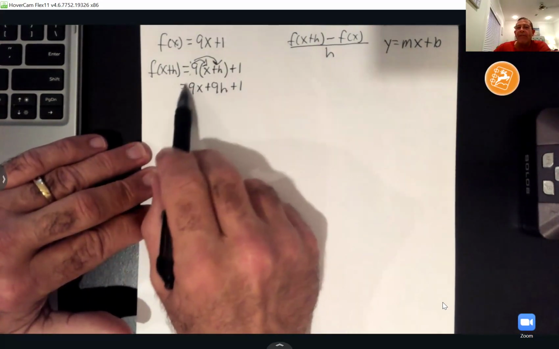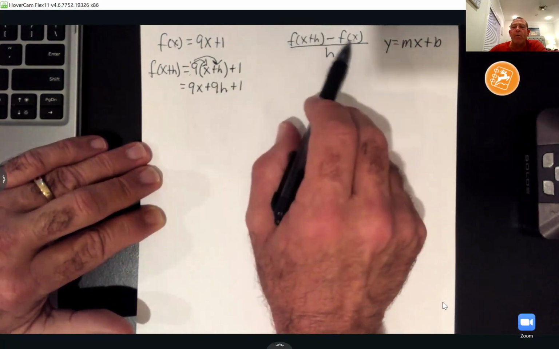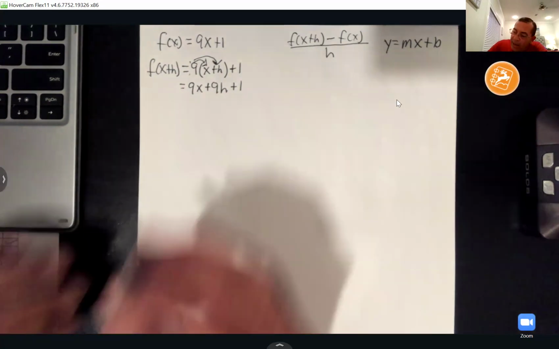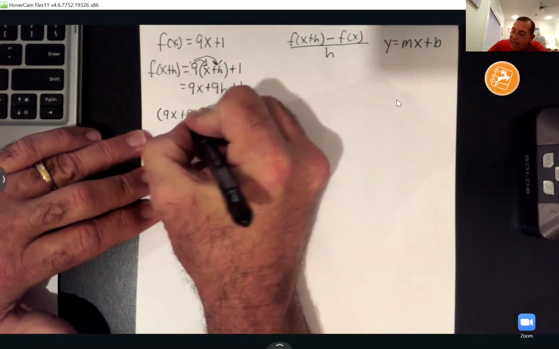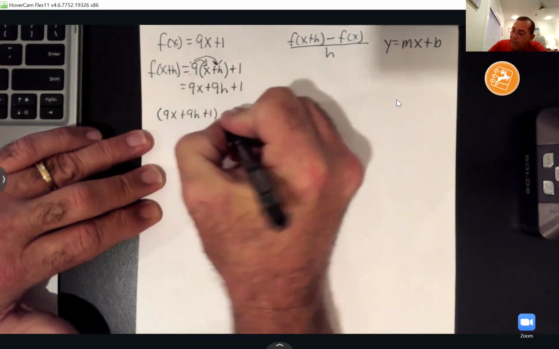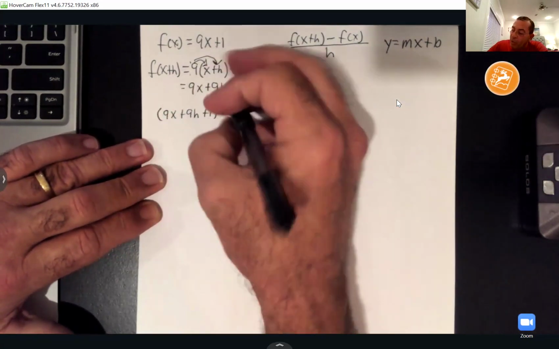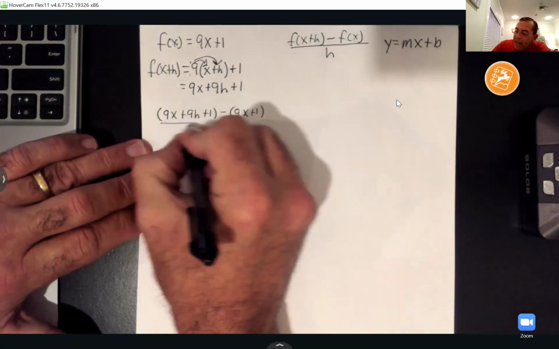So remember, we didn't have any like terms, so at this point, I'm starting to plug stuff into my formula now. So f of x plus h is the 9x plus 9h plus 1. Minus the f of x was the 9x plus 1 they gave us. That's over that h.